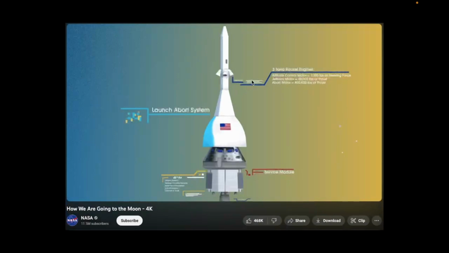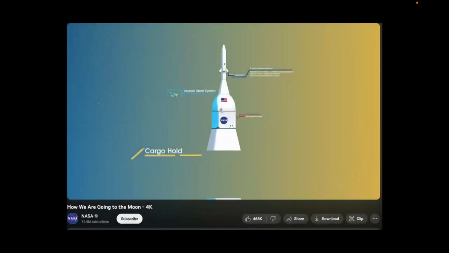And then we need a launch abort system. This system will help the astronauts, the people inside here, to leave the Earth, and if there is some problem, they can abort this mission at any time. So this will help them in the launching and aborting of the mission.